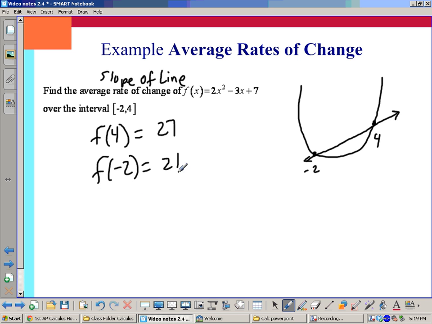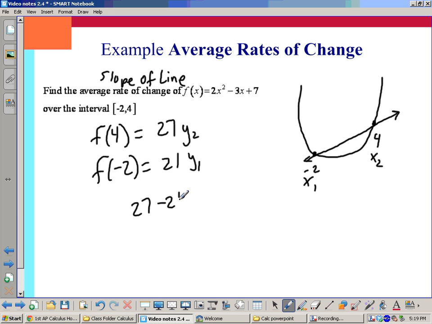So here is our y value. Think of this as y2, and this is y1. Think of this as x1, and this is x2. So we end up having two points that we can find the slope of.